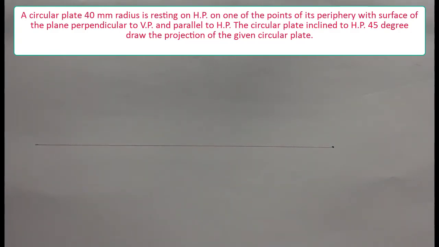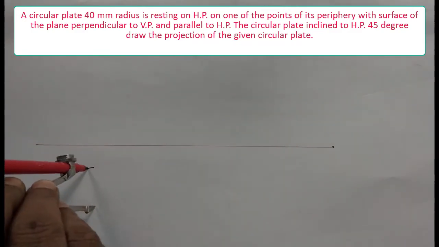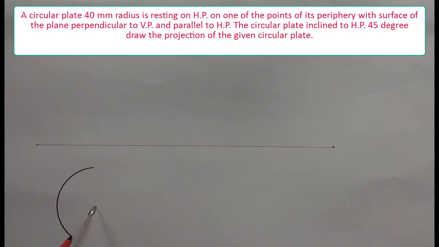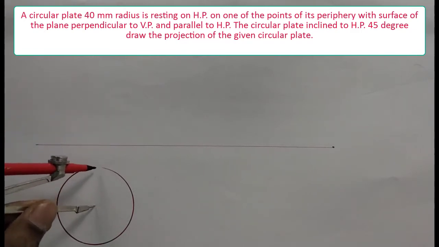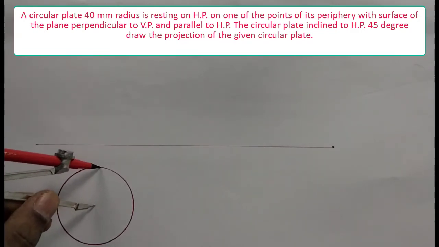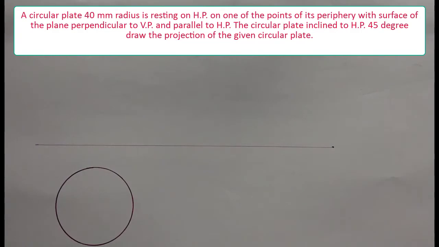So first, friends, we draw the true shape of the circular plate with 30 mm radius on our HP plane. So always in my first angle system, the HP plane is below the XY line. So I draw the circular plate as a circle. It is a true shape on the HP plane.